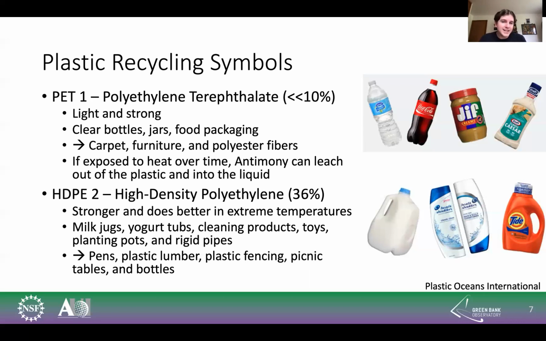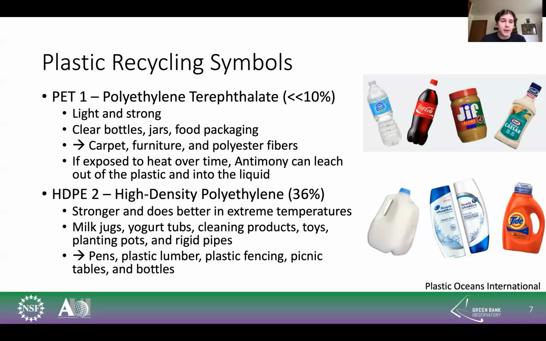Next is high density polyethylene, or HDPE 2. This is actually the most commonly produced plastic at 36% of all plastics made. It is far stronger and holds up better in extreme temperatures than PET 1.